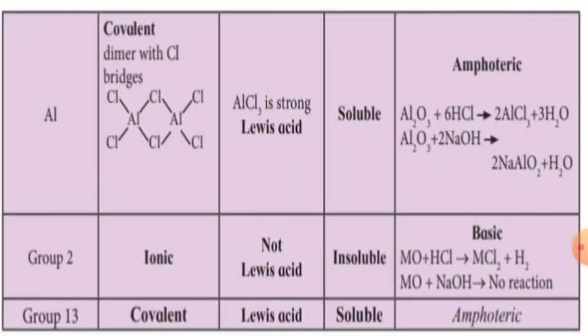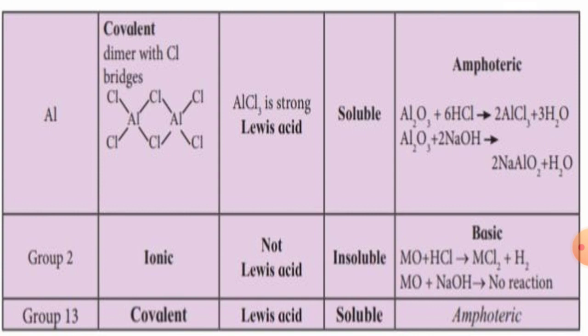Similarly with aluminium, as we know, beryllium shows a diagonal relationship with aluminium. Okay, while lithium shows a diagonal relationship with magnesium. They resemble in their properties.